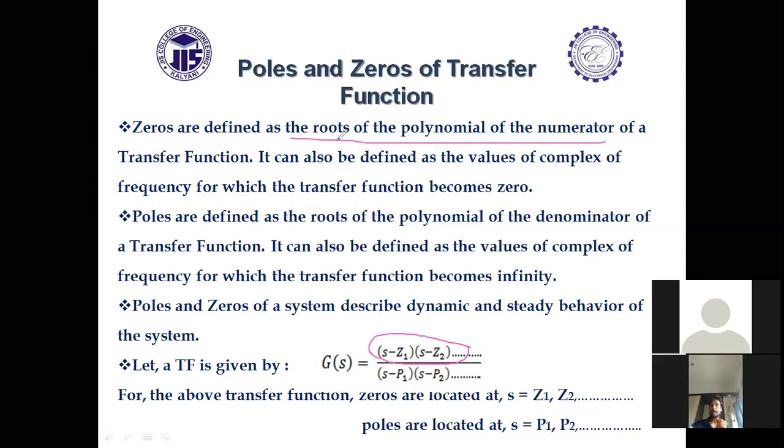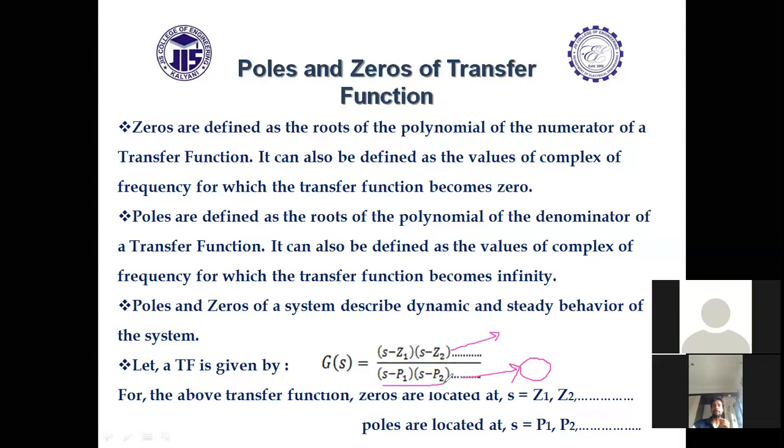Now, if the concept and calculation of zero is understood, calculation of poles is more or less similar. To find zeros, the numerator part should be equated to 0. To find poles, the denominator part should be equated to 0.